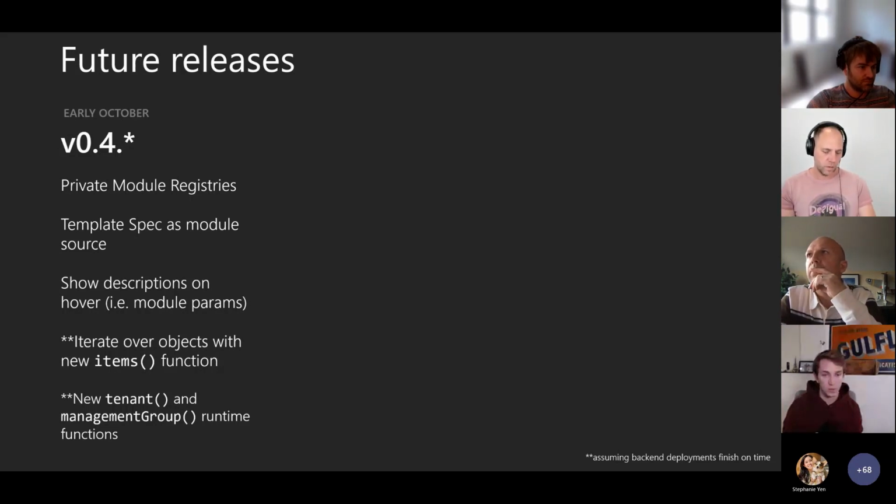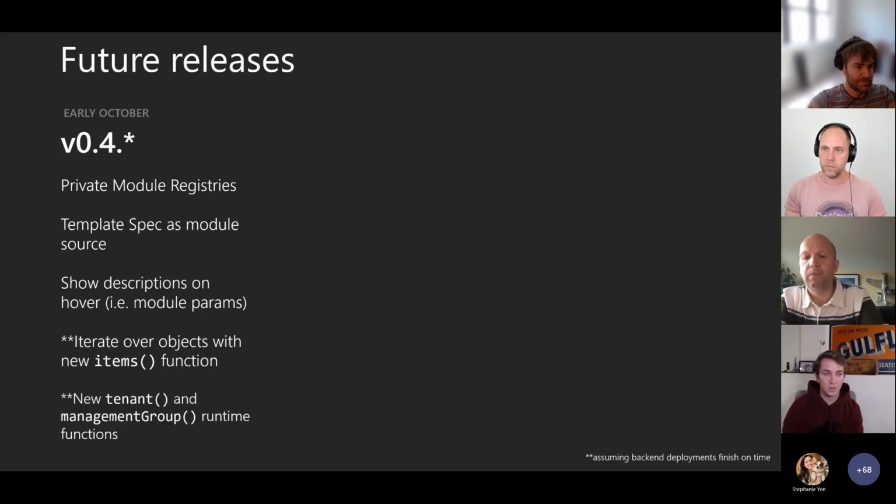Tarun, who's a member of our engineering team, was able to get this done, which is really cool. Especially on things like module parameters, as you're authoring or declaring a module or consuming a module, and you want to understand what those parameters are for, you'll get all those descriptions that are in the module definition, which is really nice.